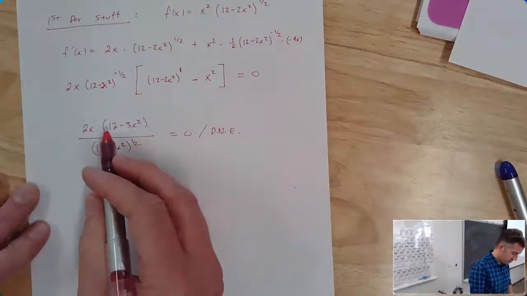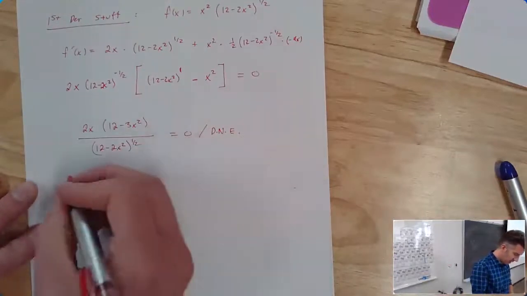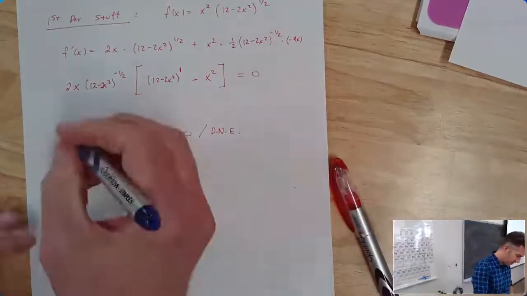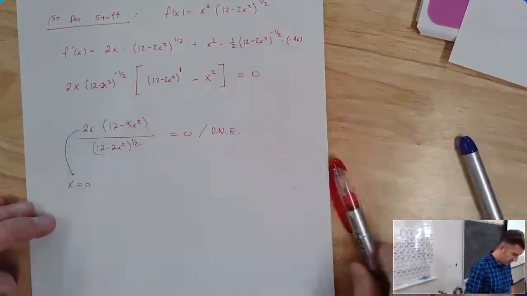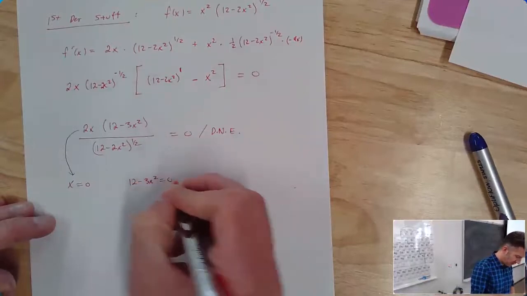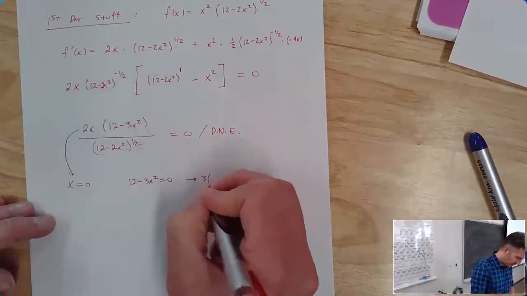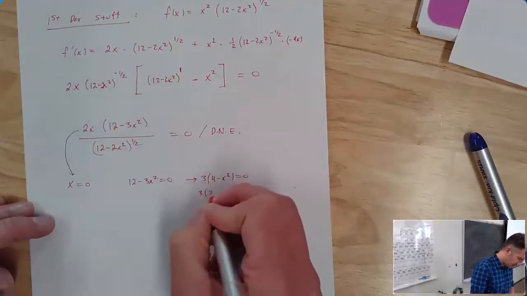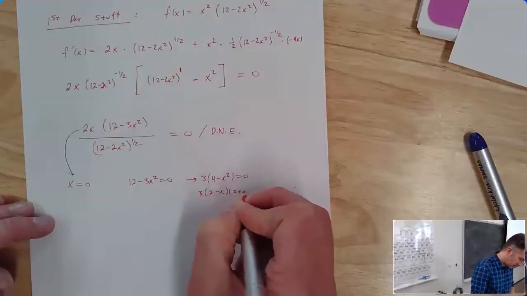So then, if we set this equal to 0, we can see that we're either going to get x equal to 0 from this piece, or if I set 12 minus 3x squared equal to 0, I can factor out a 3. I'm left with 4 minus x squared equal to 0, and that factors as (2 minus x) times (2 plus x).